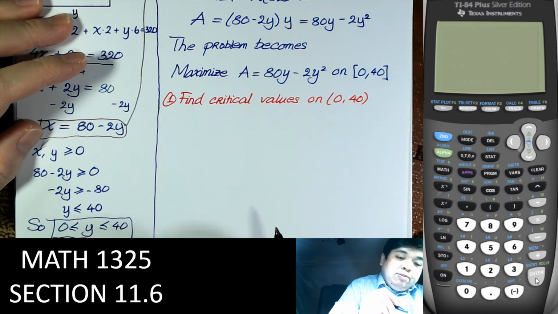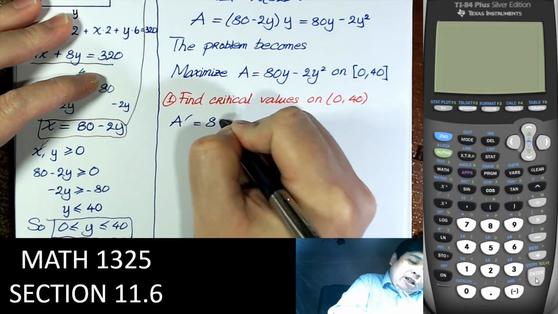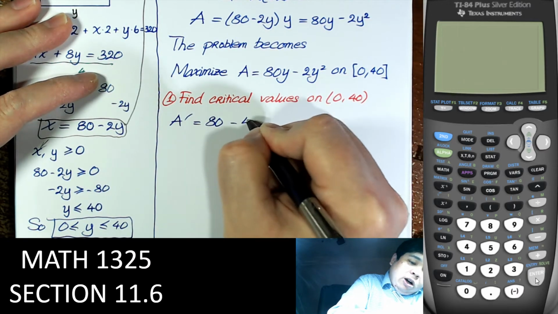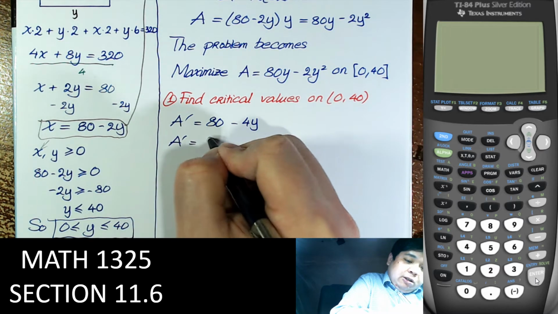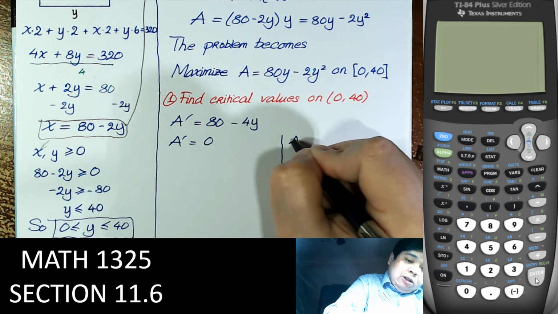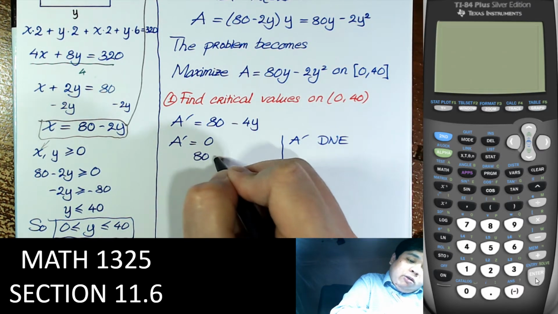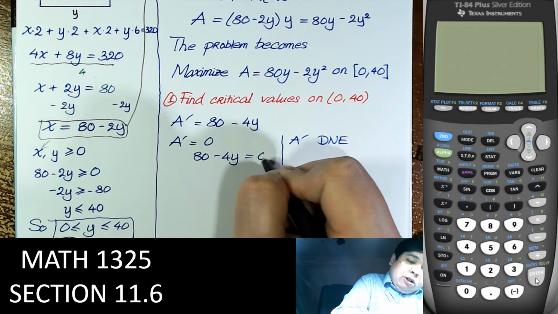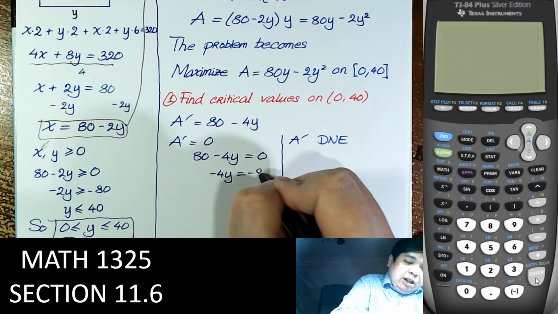Alright, derivative is 80 minus 4y. Set equal to 0, or does not exist. 80 minus 4y equals 0. Subtract 80, negative 4y equals negative 80.